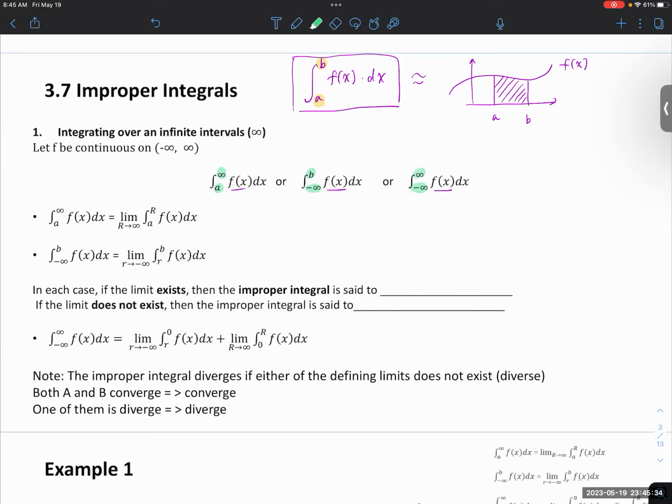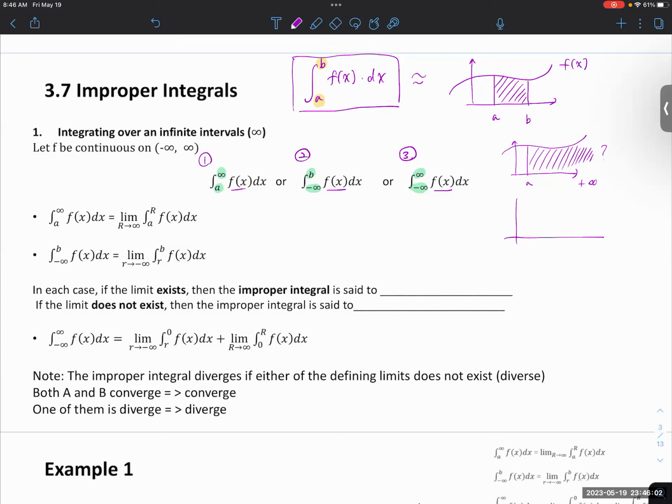So you can think about three scenarios. In the first case, you have a function and I'm looking for the area from a all the way up, never ending, because we keep going up to infinity. How would you be able to find out the area?